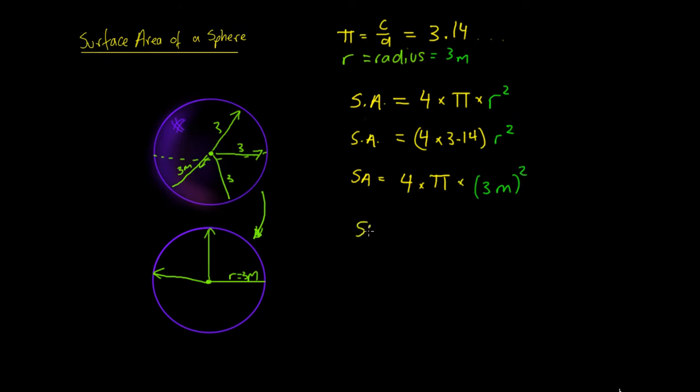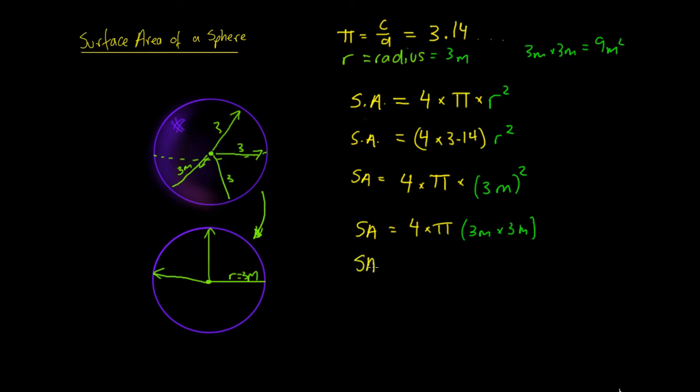So this is going to be equal to 4 times pi, and we can simplify this down: 3 meters multiplied by 3 meters is going to be 3 times 3 is 9, meters times meters will give us meters squared.